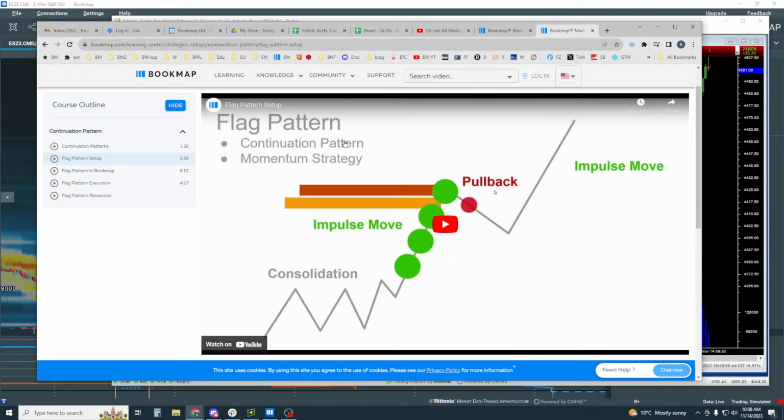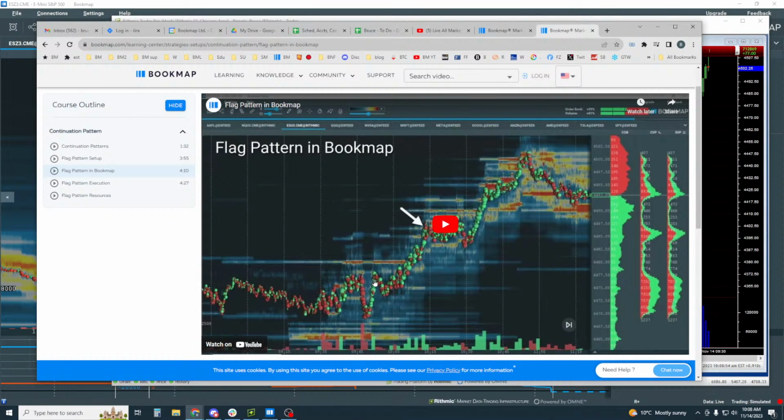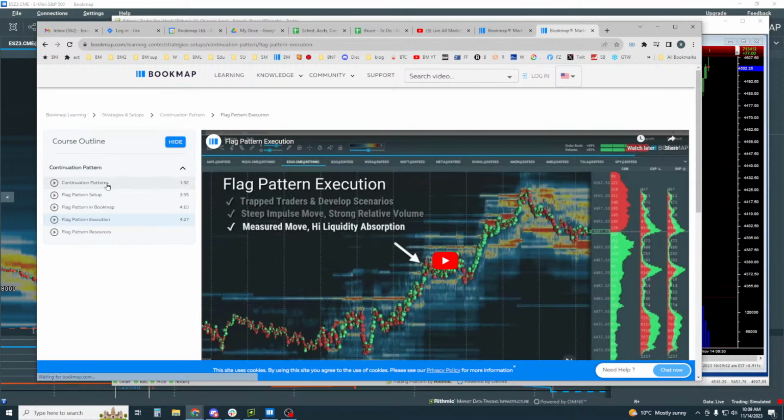In this video, it is in diagram form. In this one, we make the translation from diagram form to seeing it within Bookmap and understanding the order flow. And the last one, the third one, the most important one, is how to execute around it. It's just an idea for you to go back and study and look at the behavior of traders in here to give you an edge for the continuation pattern.